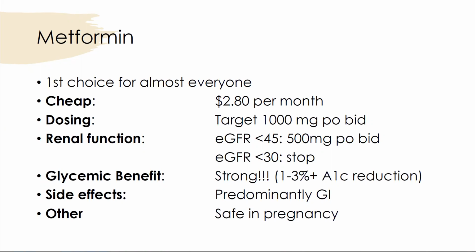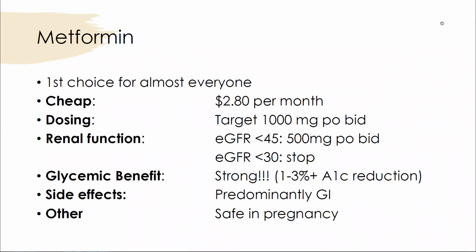I try to get everybody onto the maximum dose unless there's a reason to decrease it. Key things to remember about the GFR: decrease the dose as the renal function decreases. And I generally will tell people to stop it when it gets to 30 or so. There are a few people we keep on a little bit longer than that, but usually at about 30, we'd say stop the medication.